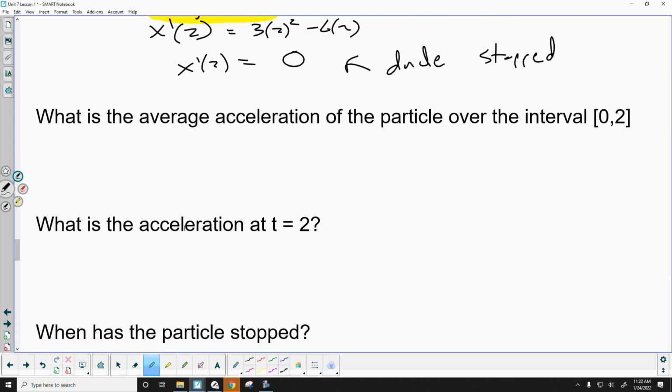What's the acceleration at t equals 2? Gosh, this seems so complicated. Oh, so simple. Acceleration is the same as just the second derivative of position. I already have an acceleration formula. I found it because I know how to take derivatives. Okay, find the acceleration at time 2.